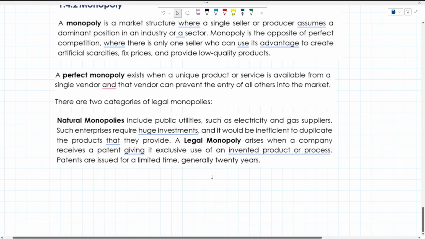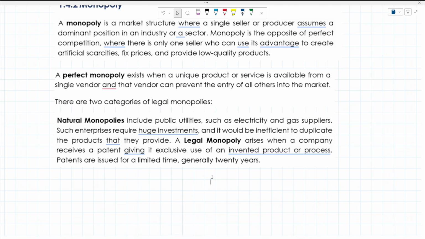Of course, expressways, in my opinion, are also public utilities. They are there to ease life. That is what utilities are, right? So it would be very inefficient for you to duplicate their company and their infrastructure.